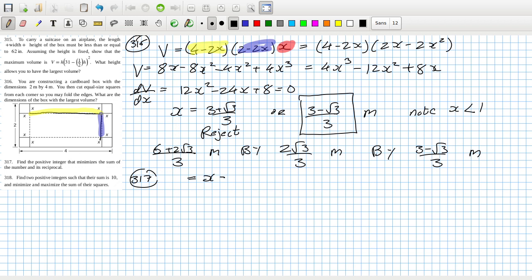Oh, okay, so x plus 1 over x, we want to minimize the y.